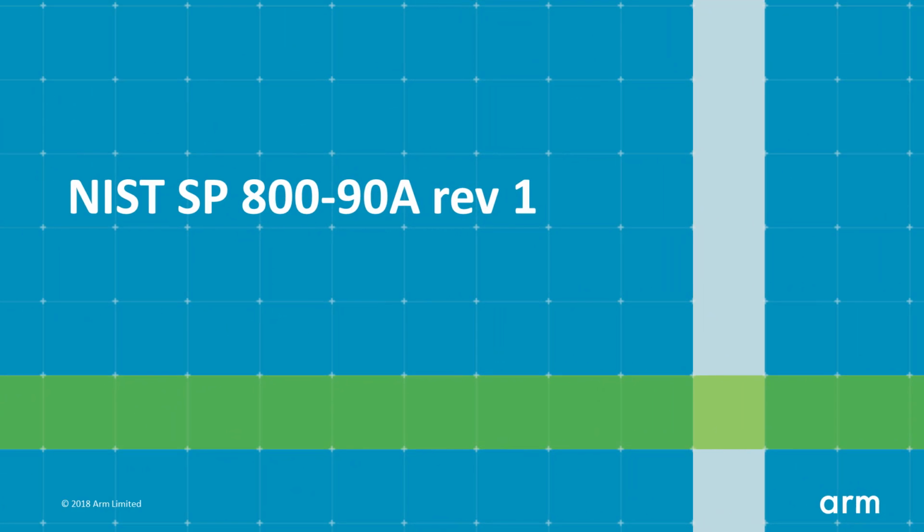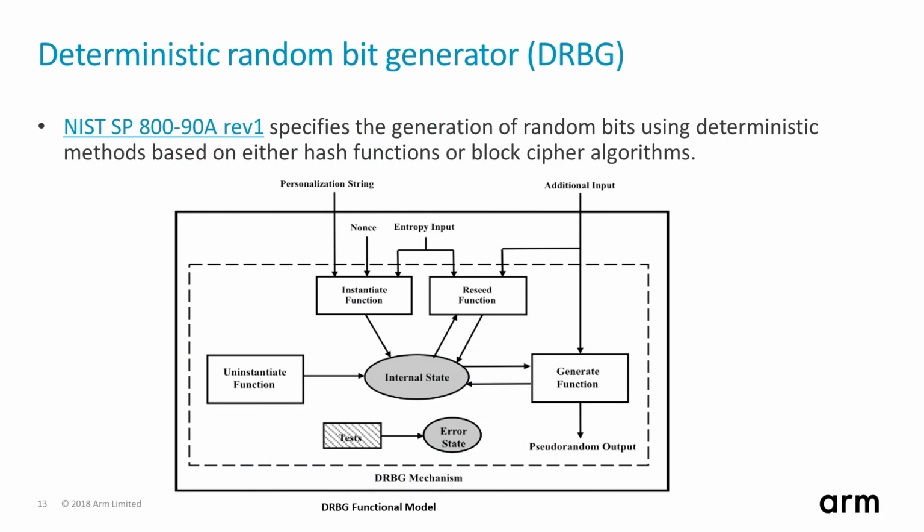Before we go to our Mbed TLS example program and modify it to include the RNG support, we also need to look at one topic, namely the NIST Special Publication 800-90A Revision 1. This publication defines a so-called deterministic random bit generator, or DRBG.